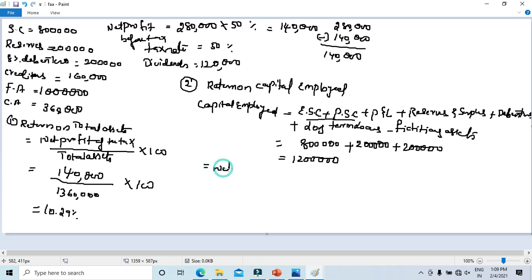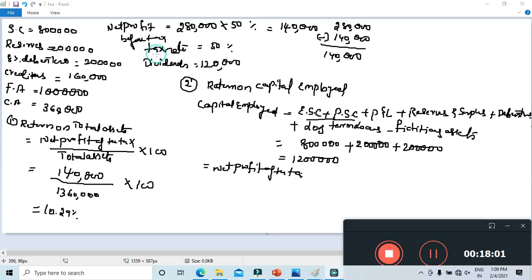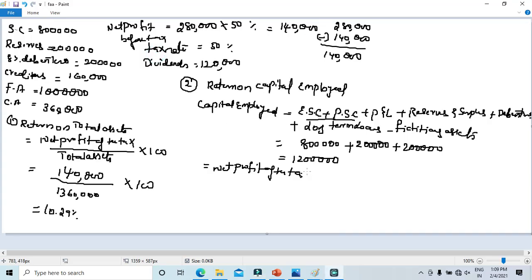It will be 1,40,000 divided by 10 lakhs into 100. So what will it be? It will come to 14%.